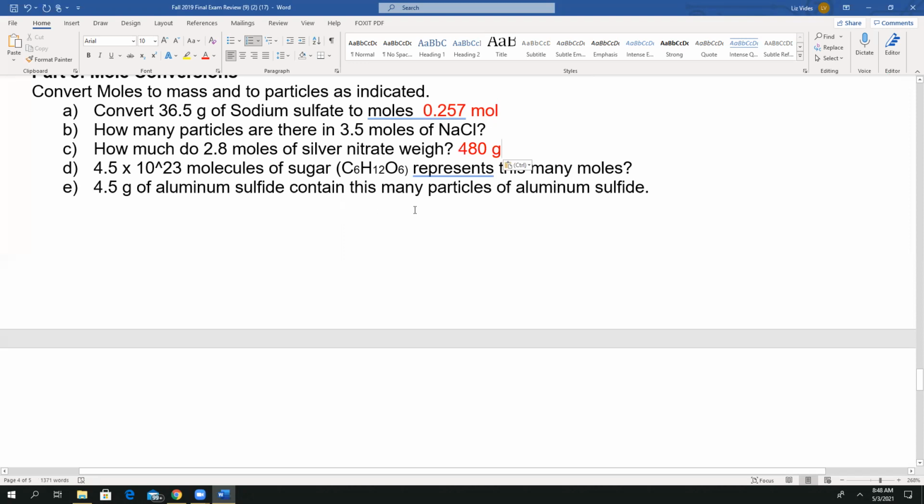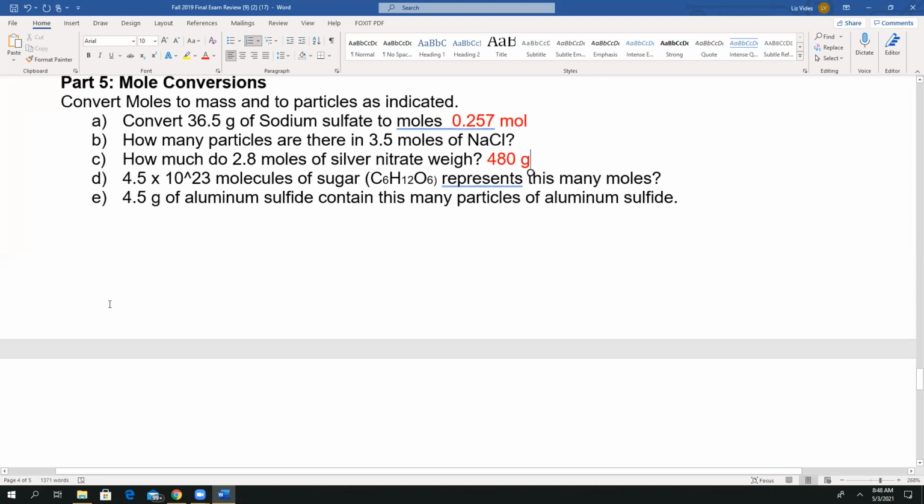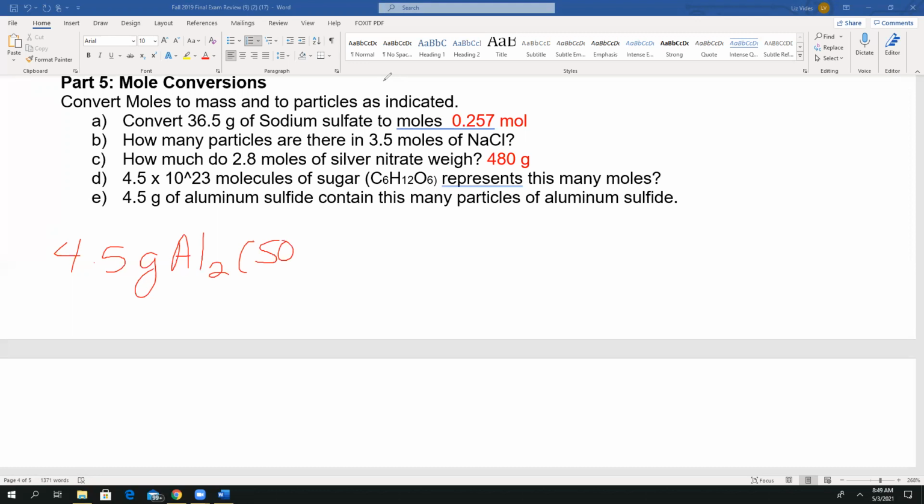is E. So E says 4.5 grams of aluminum sulfide. It says sulfide, not sulfate. I just realized now.